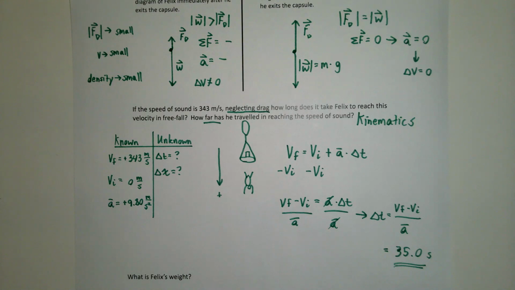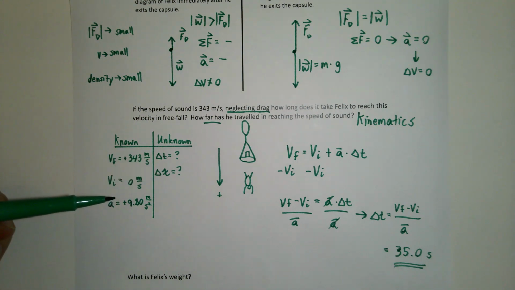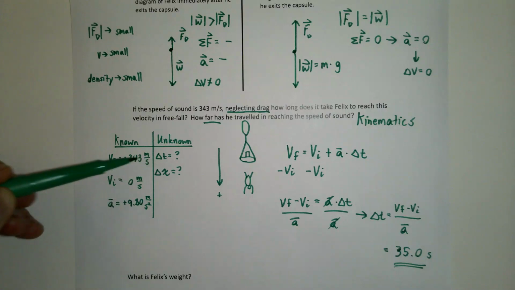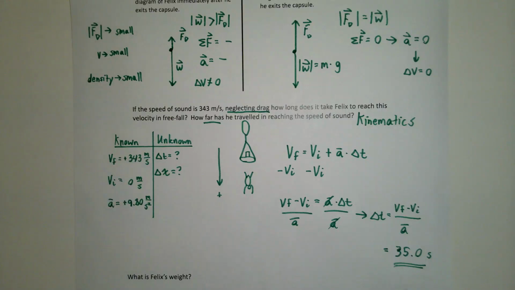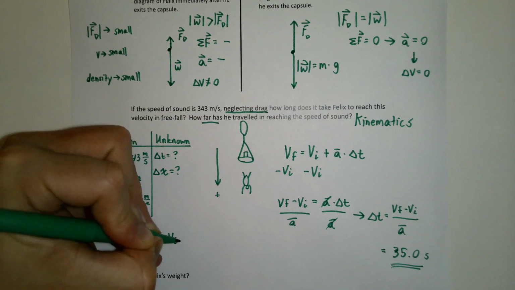After 35 seconds of falling, he is at the speed of sound. Now we need to see how far he has traveled in reaching the speed of sound. So we need a way to relate change in position to the variables we know, because now we know the amount of time. Our second kinematics equation will come in handy here.